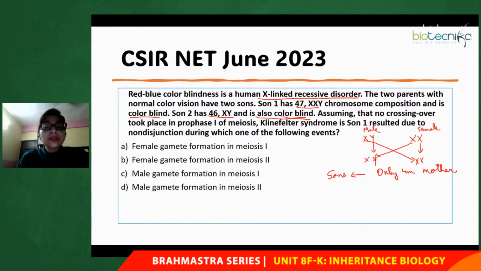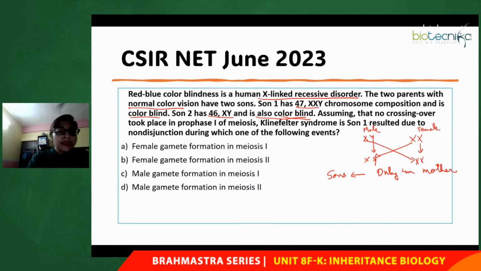So if the sons are getting it from mother, that means mother has to be the carrier. Okay, both the parents were having normal vision, so if both the sons are getting color blindness, that means mother was the carrier, right? So here it is saying that non-disjunction happened in which one?